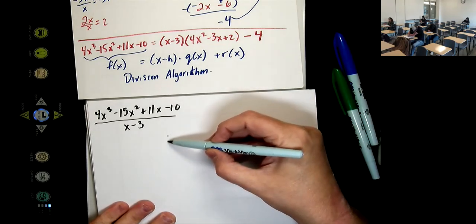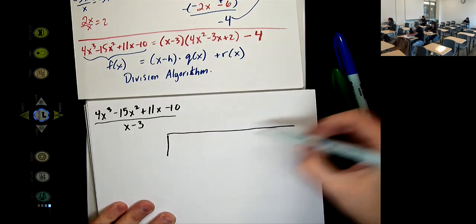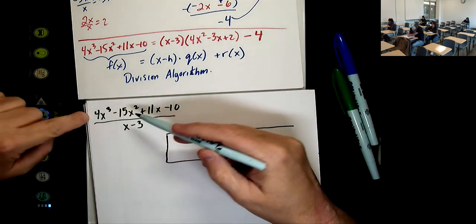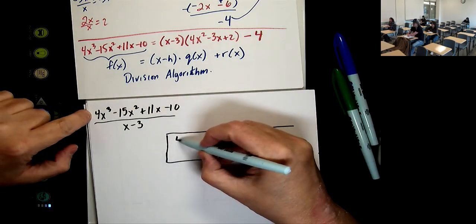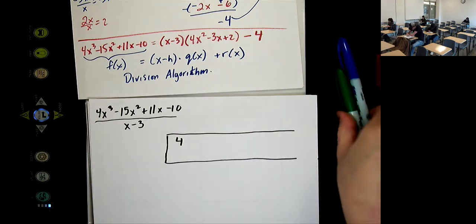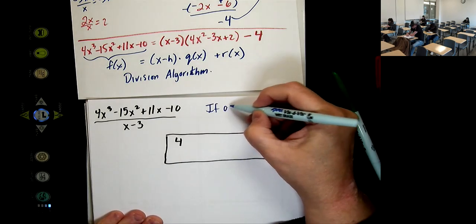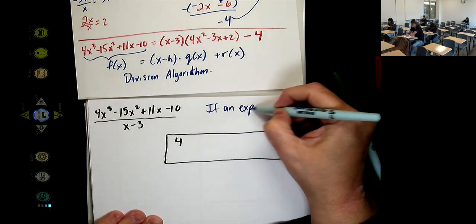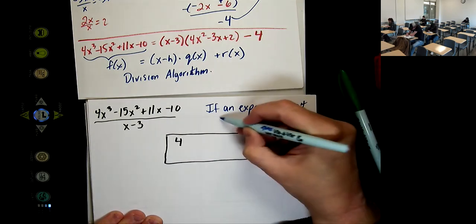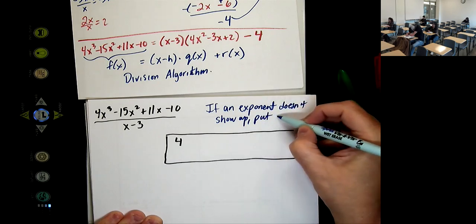What we're going to do is make a box, and I'm just going to put the coefficients that I have here inside. If an exponent doesn't show up, put a 0 placeholder there.